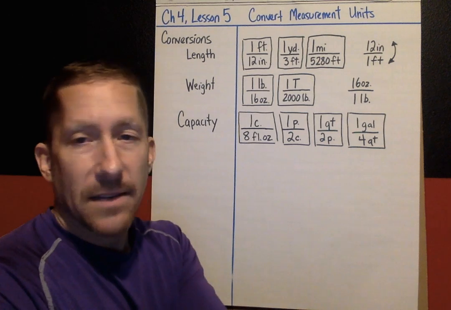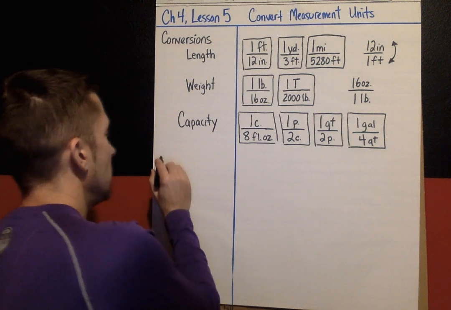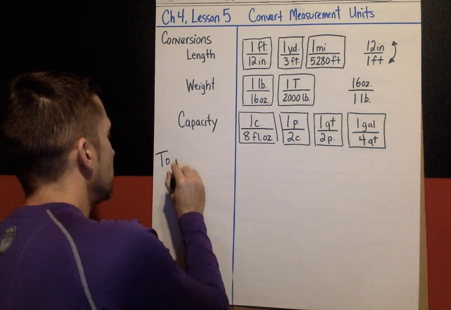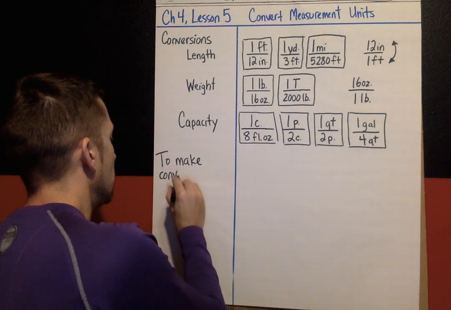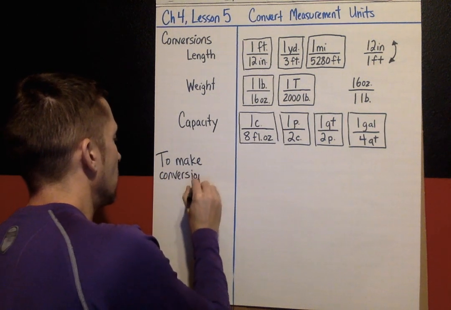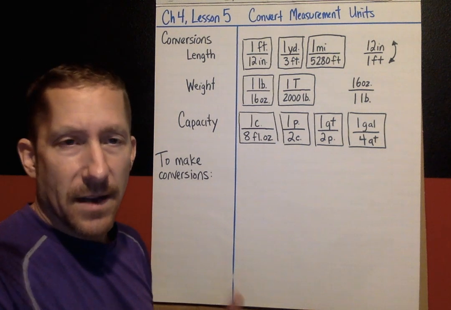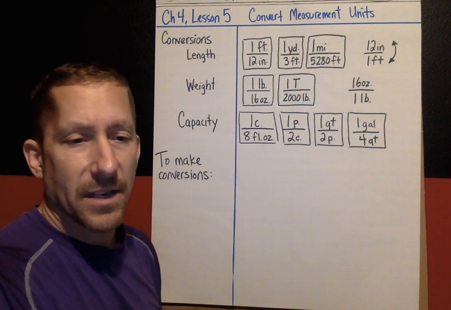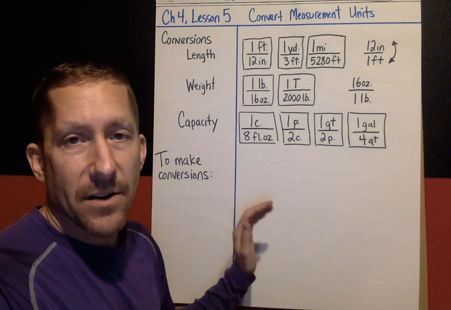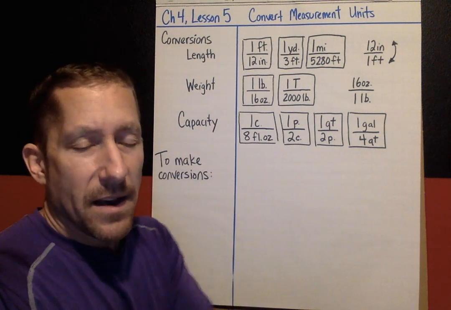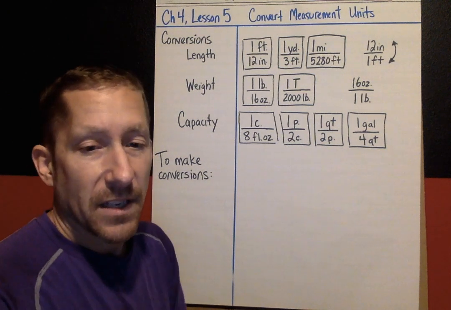Okay, so now let's get to how do you actually make conversions. And this is the trickiest part. To make conversions, if you're multiplying an amount by a conversion, same unit numerator and denominator units will cancel. And you'll be left with the numerator of the conversion that you've got.